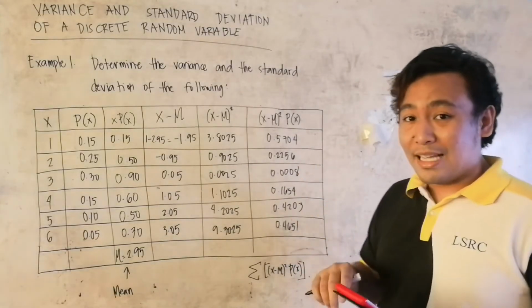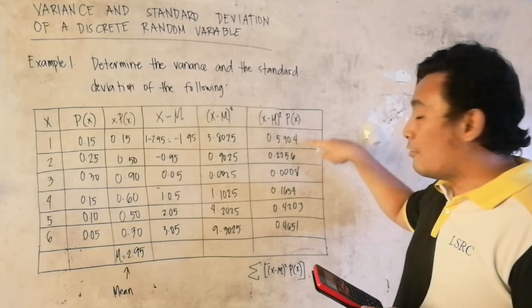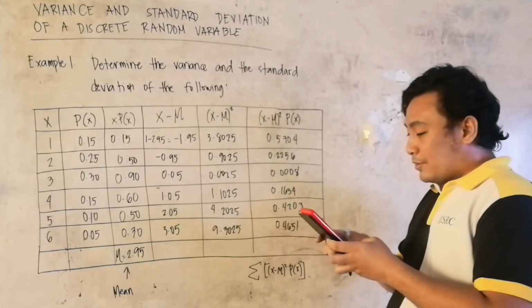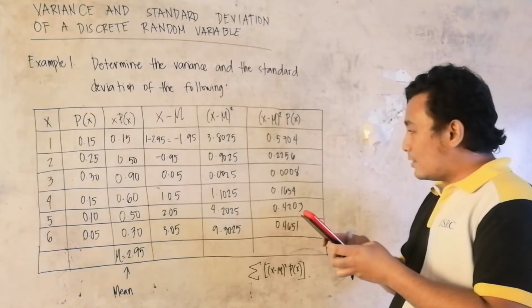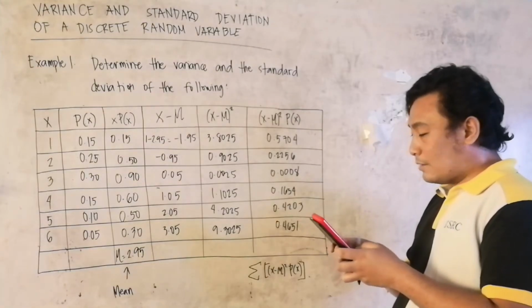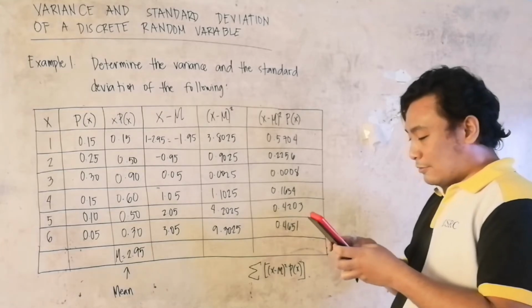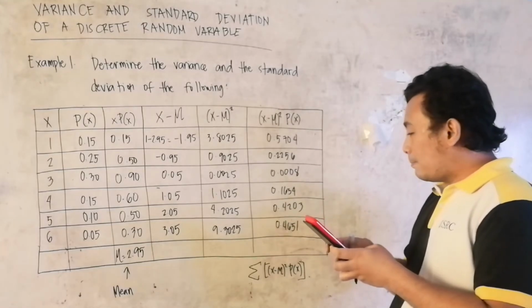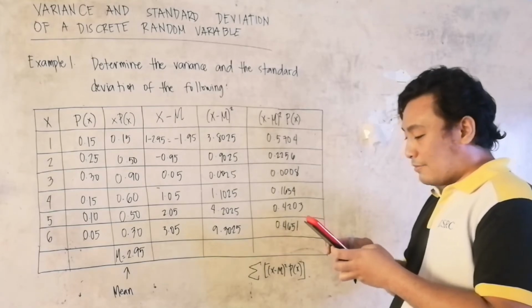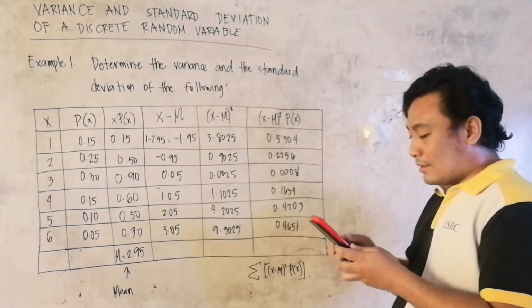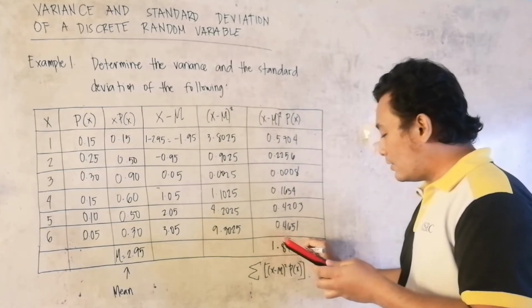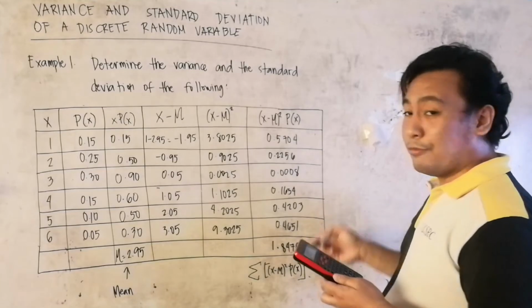Pag sinabi natin sum, again, that is to add these values. So, we have 0.5704 plus 0.2256 plus 0.0008 plus 0.1654 plus 0.4203 plus 0.4651. And then this is equal to 1.8476.